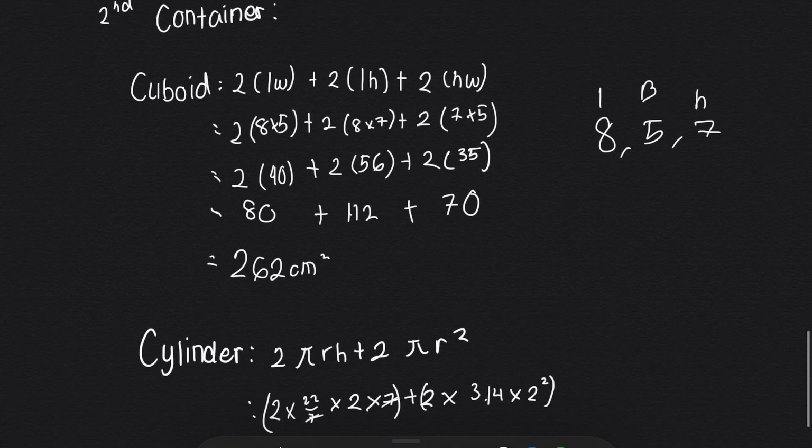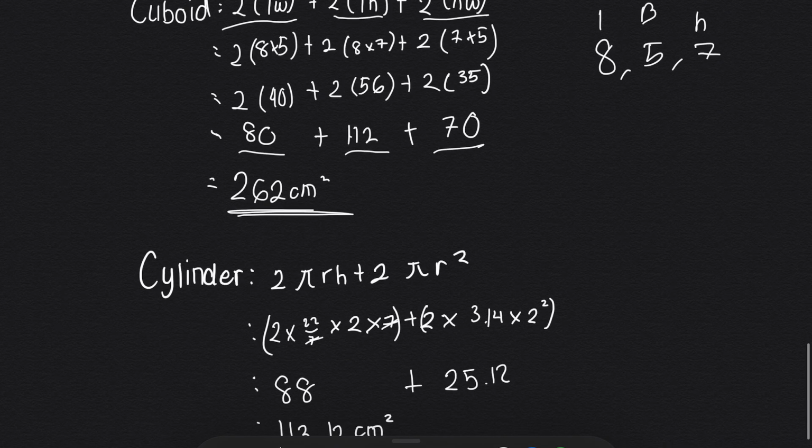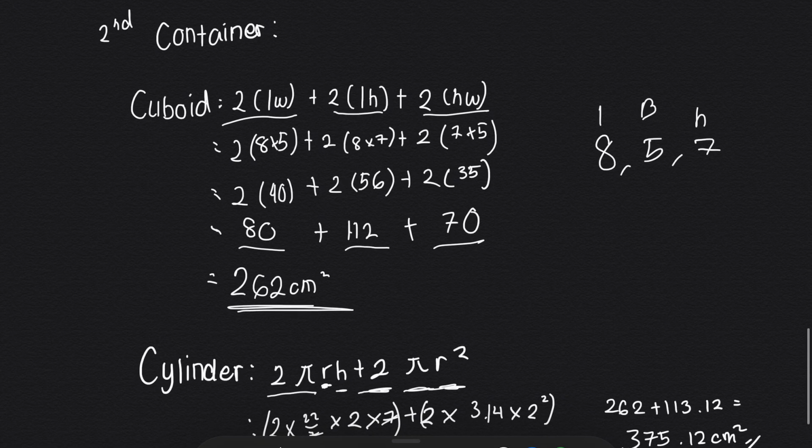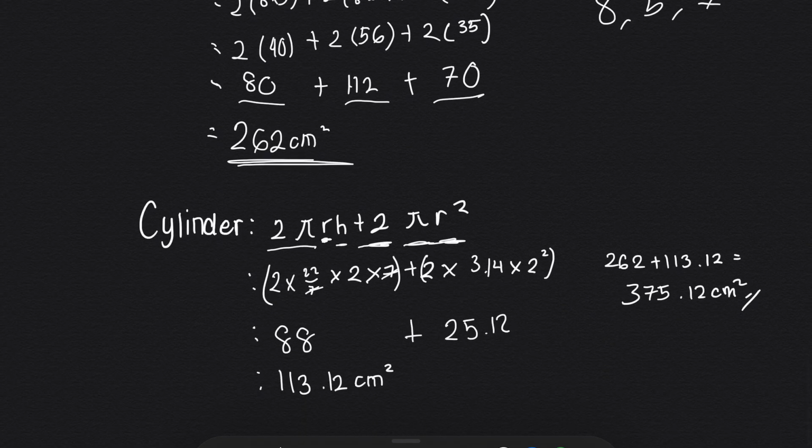Now for the second container, it will be the cuboid, which is the same formula: 2 times length times width, 2 times length times height, 2 times height times width, which will give us 80 plus 112 plus 70, which will be 262 centimeters squared. Now for the cylinder, we need to multiply 2 pi radius times height, plus 2 times pi times radius to the power of 2.